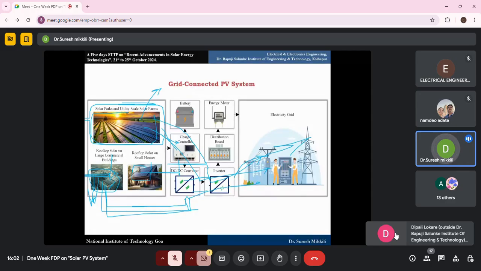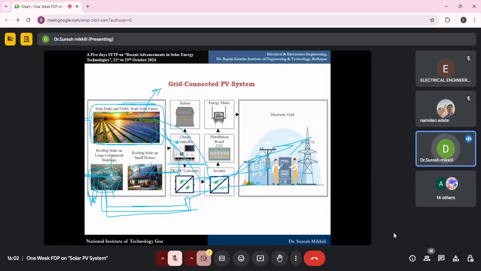In commercial buildings, some amount will be utilized and the remaining amount given to the grid. Even in rooftop solar on small houses, a small amount of power will be utilized for loading conditions, and the remaining power will be dumped to the electric grid. Is it okay?